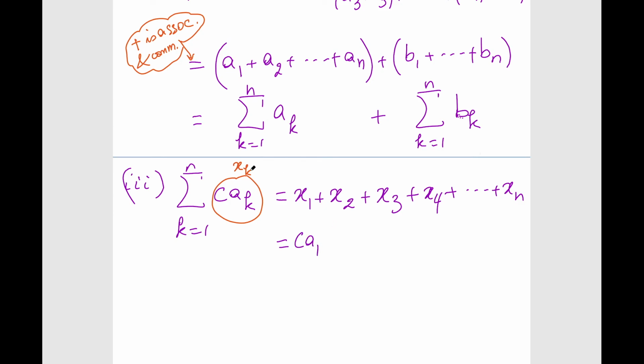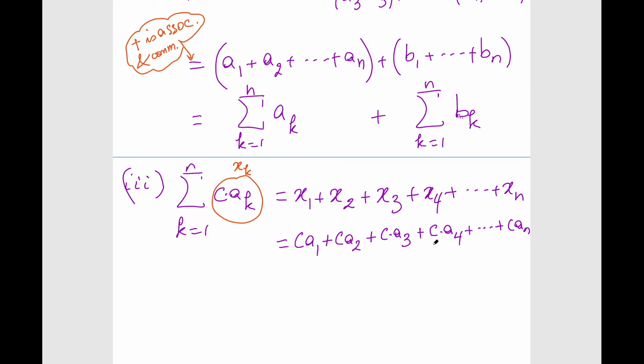What's x2? Remember, x_k denotes c a_k, so x2 is c a2. By c a2 I mean c times a2. And so on and so forth. x3 is c times a3, x4 is c times a4, plus all the way to c times an. Correct? We get this.